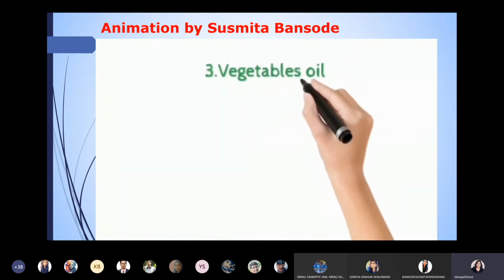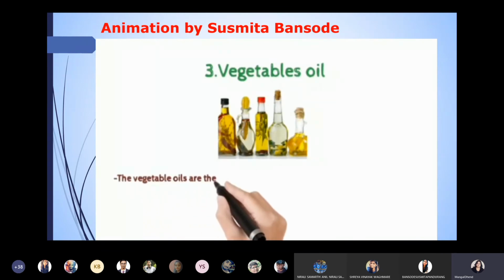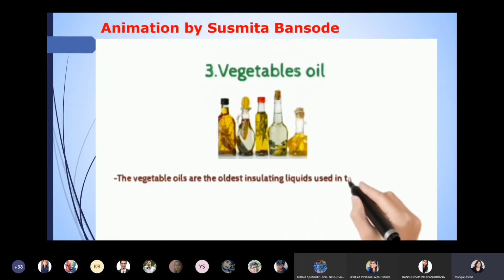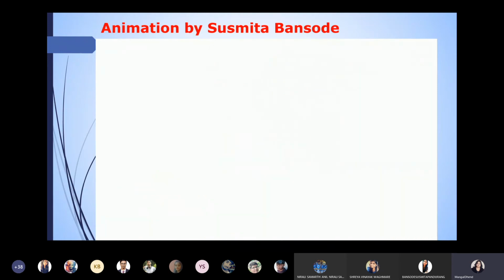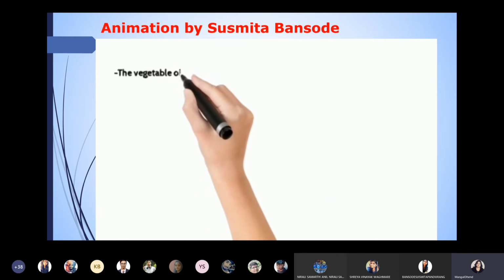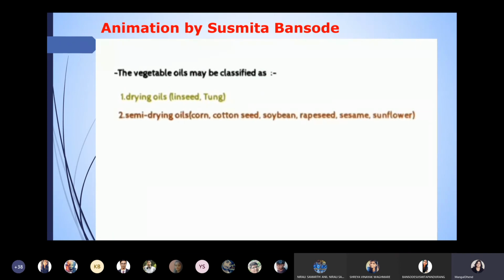Third is the vegetable oil. Vegetable oils are the oldest liquid insulating materials, used in the manufacture of electrical machines. Vegetable oils are classified as drying oils such as linseed and tung, semi-drying oils such as corn, cottonseed, soybean and sunflower, and non-drying oils such as castor, peanut, coconut, palm and olive oil.